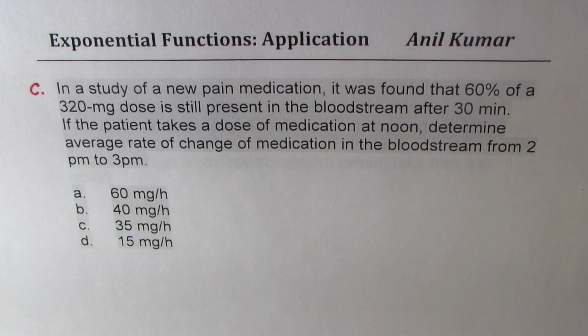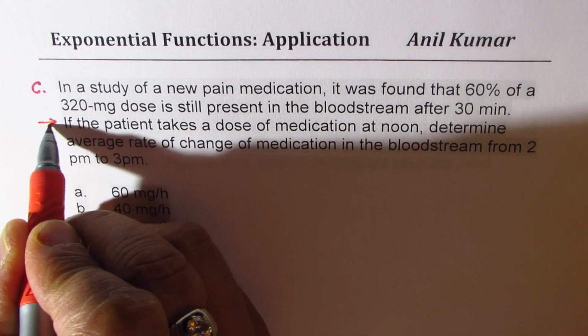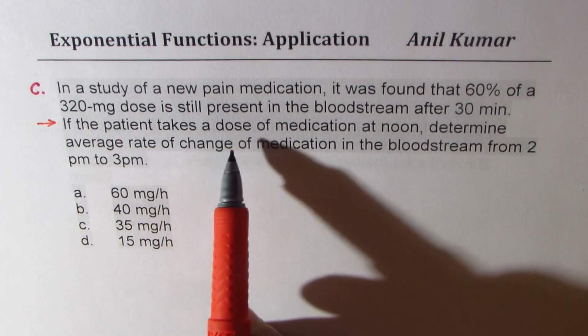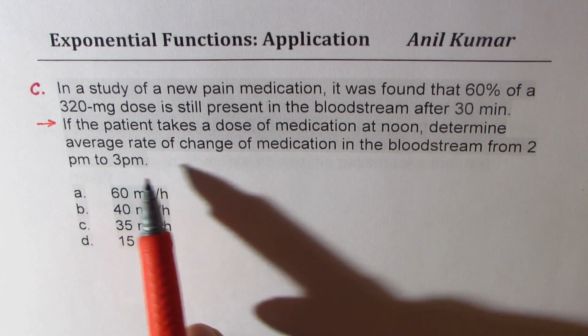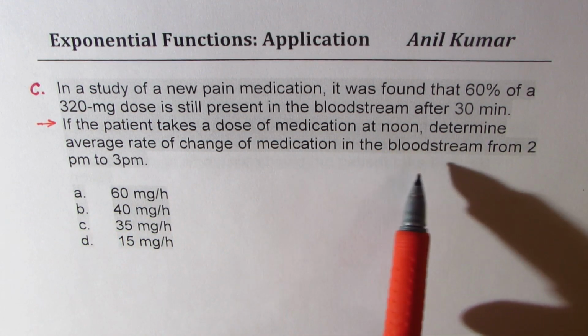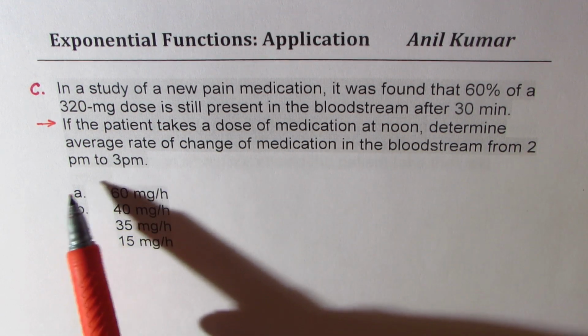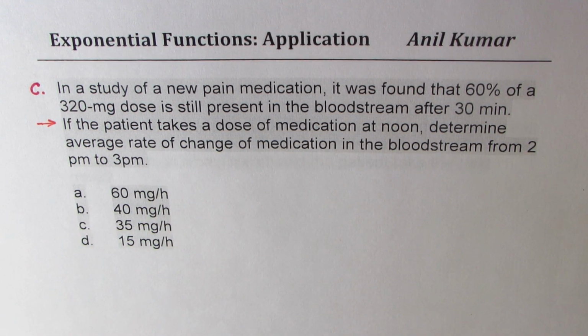And in part C, what we are trying to say here is that if the patient takes a dose of medication at noon, determine the average rate of change of medication in the bloodstream from 2 p.m. to 3 p.m. So this is related to average rate of change.